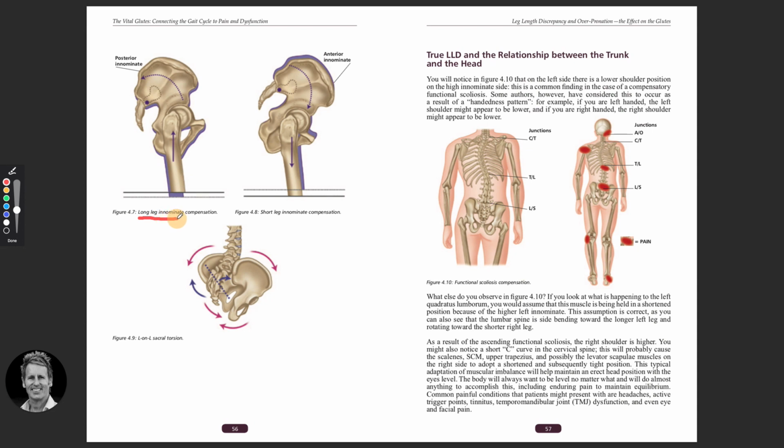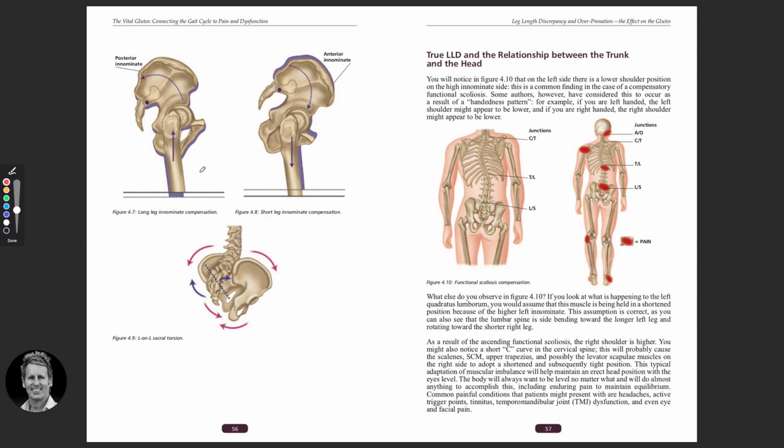So what it's trying to do is we have a long leg, but it's trying to compensate. And how it does this, which is not normal by the way, okay, it rotates the innominate posteriorly to try to shorten itself. Whereas on the shorter leg side, it tries to anteriorize itself to make it look longer.